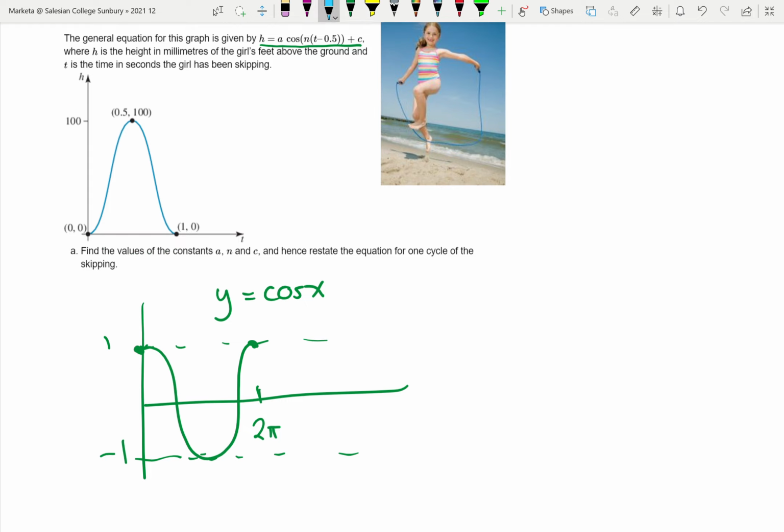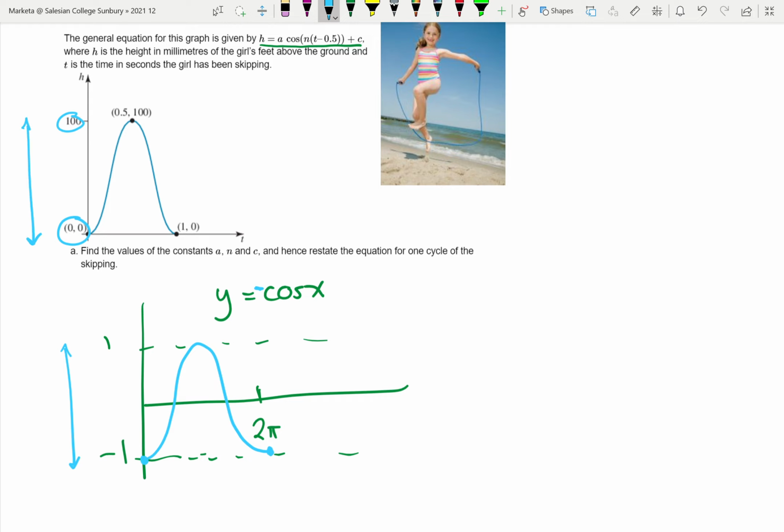So the first thing I'll say is, well, we've flipped it over. You can see that because we flipped it over, it's going to be negative cos x. The next thing I would do is to look at these values here. Now instead of going from -1 to 1, it's actually going from 0 to 100.